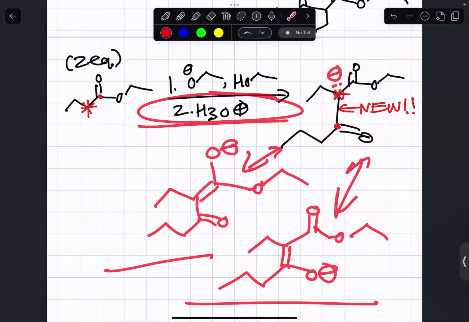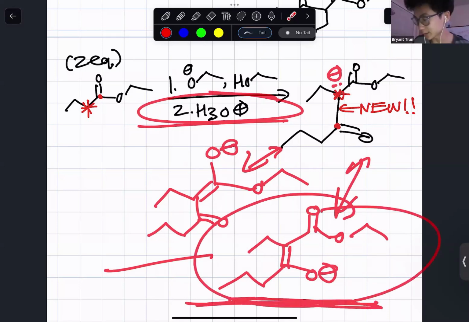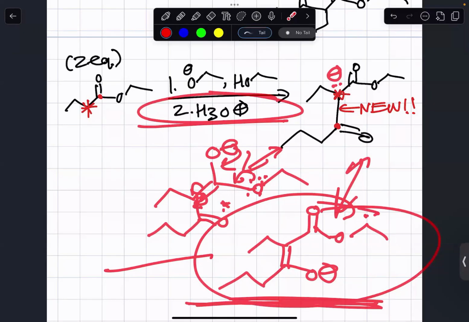Okay. Right. This one here is probably the major one. It's the major one. Right. It's major compared to this one because this one here is competing for resonance with this OR group right there. There's competition of resonance, making it less stable. But don't worry about that. But just in case it shows up, you know. Oh, okay. So it's not really common to see no acid workup.